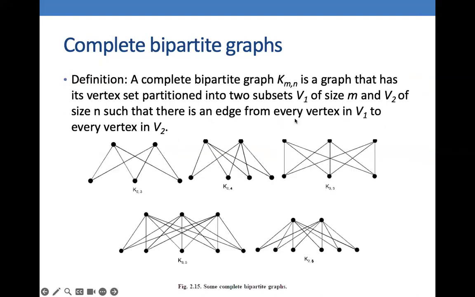Okay, now this is actually the formal definition. A complete bipartite graph, K sub M and N, means that M refers to the number of vertices in V sub 1 and N refers to the size of V sub 2.